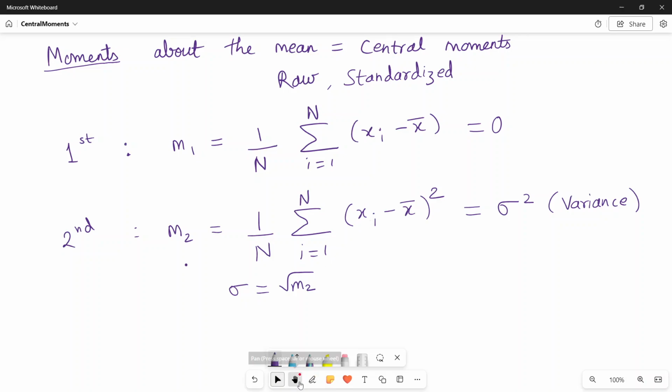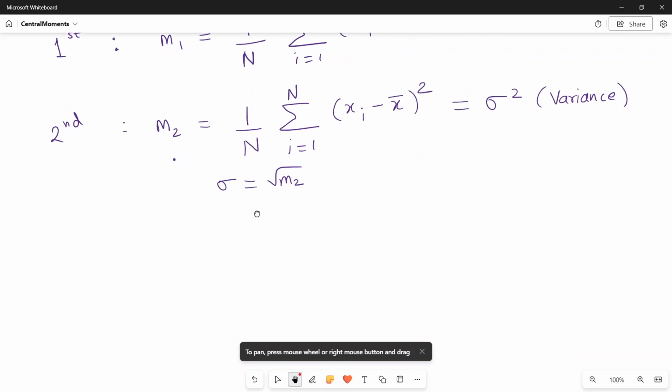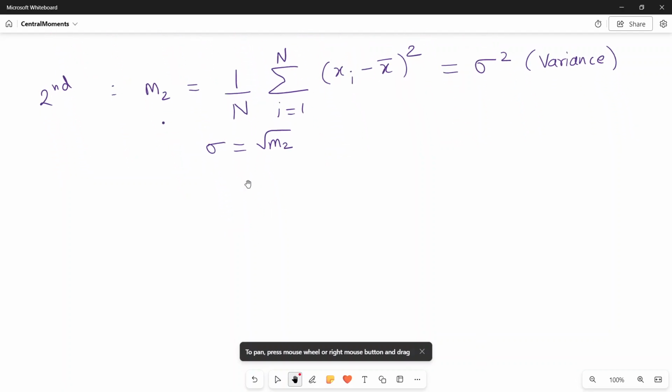So let's move on to the third moment. By analogy, you might have already anticipated what the formula might be. So it is 1 upon n summation i goes from 1 to n xi minus x bar cubed.